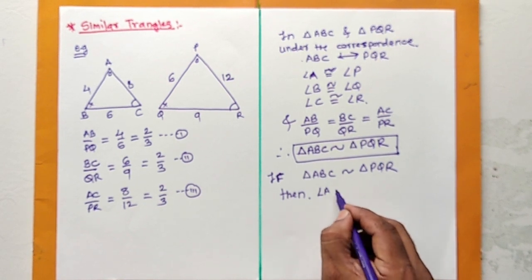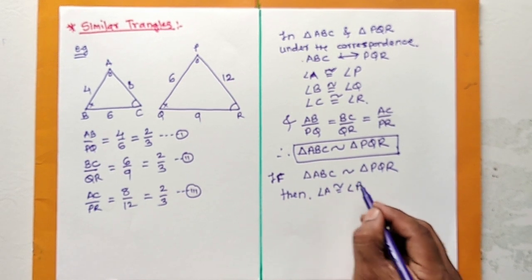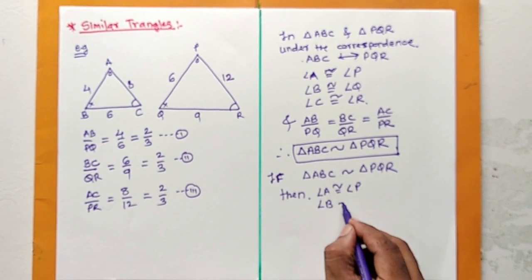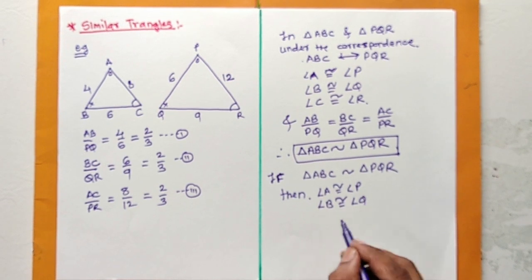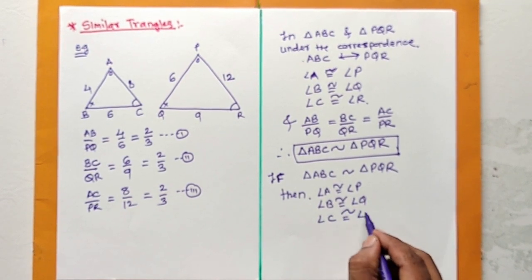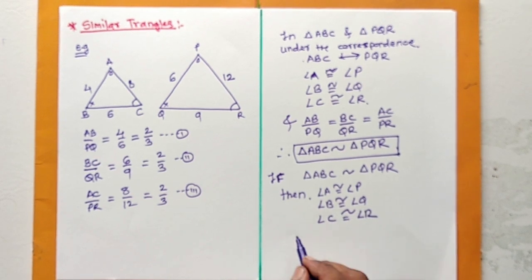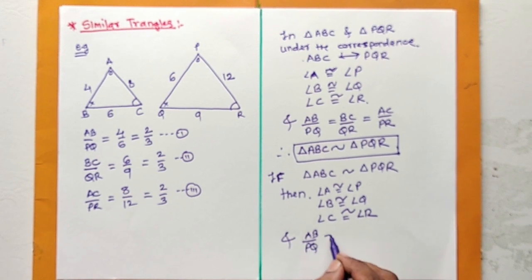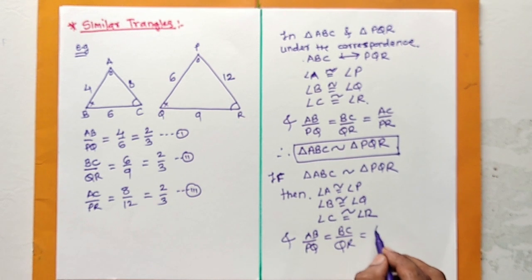Angle A is congruent to angle P, angle B is congruent to angle Q, angle C is congruent to angle R, and AB upon PQ is equal to BC upon QR is equal to AC upon PR.